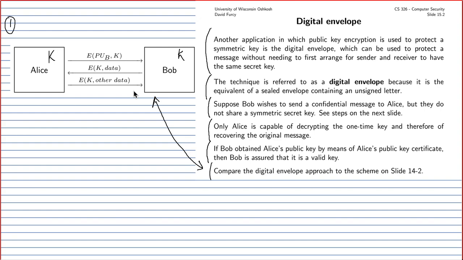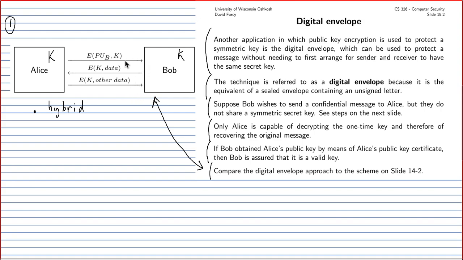So let's compare this protocol with a digital envelope. The first thing to notice is one similarity: both approaches are hybrid algorithms. In other words, they both use public key cryptography to encrypt a short fixed-size piece of data, in this case the key, and then in a second step they use symmetric crypto to communicate confidentially.